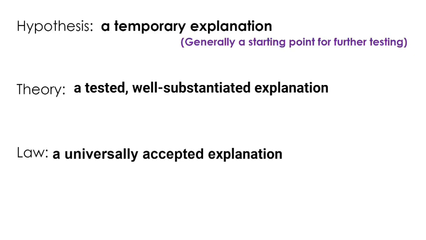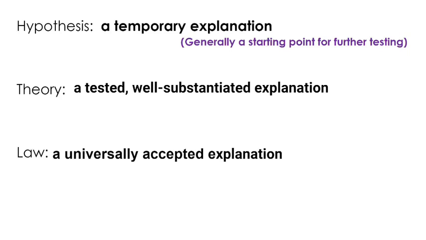After something's been tested and well substantiated enough, and enough people have agreed that that is probably true, then we call it a theory. And you might think, well, wouldn't that be a law? But it doesn't necessarily rise to the level of being a law until it's universally accepted. Everybody agrees that that is true and that relationship is something that we can count on.